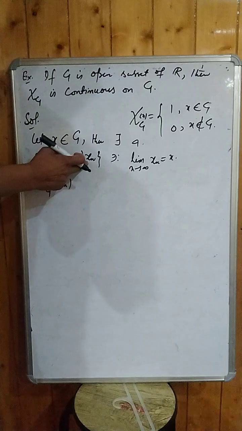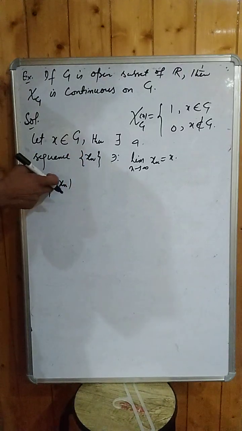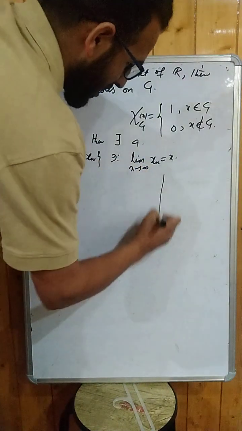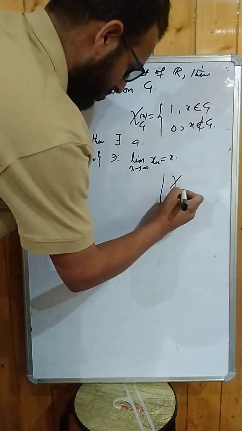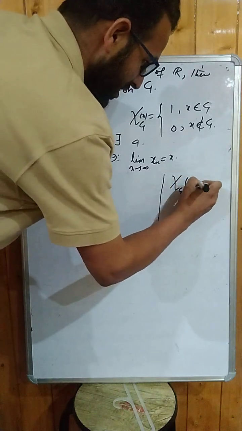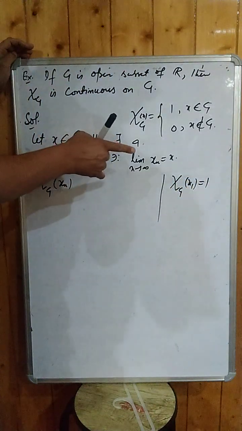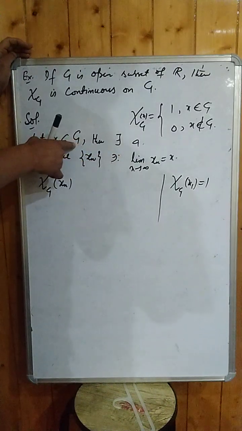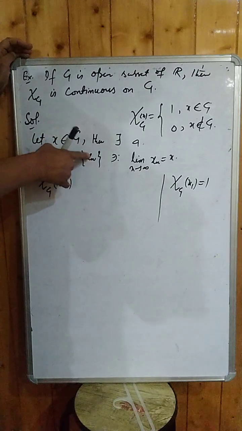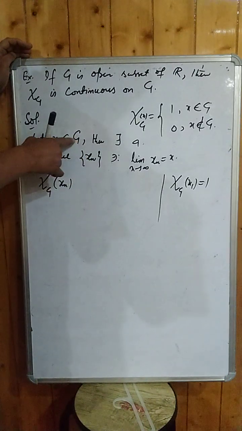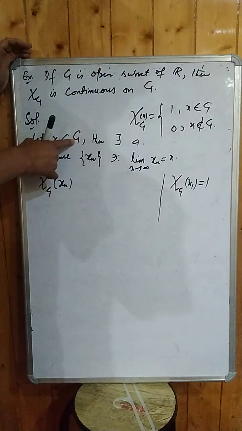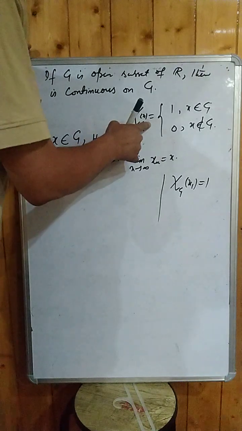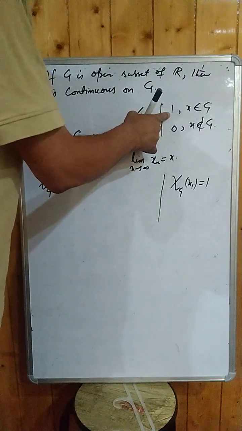If we check the value of the characteristic function at x1, it will turn out to be 1, because this sequence belongs to G, that means each term of it belongs to G. Whenever x belongs to G, the characteristic function of x is always 1.